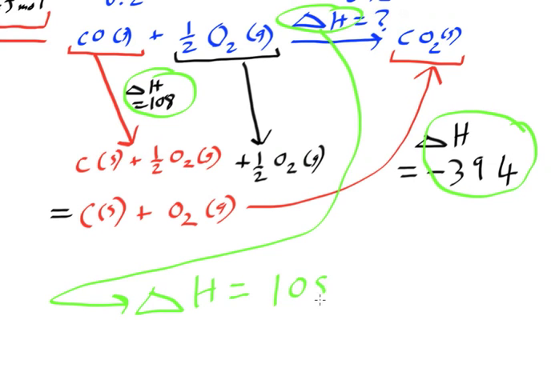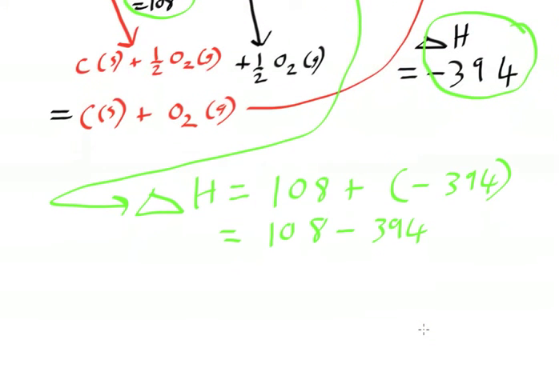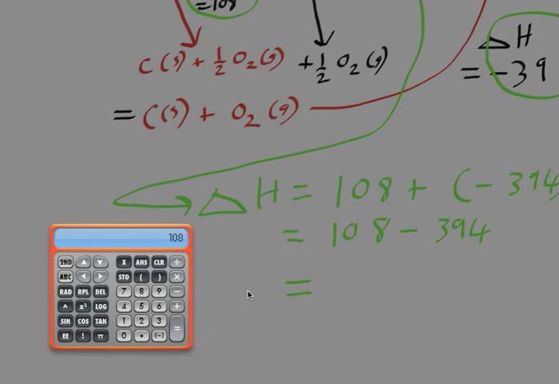So 108 plus minus 394, which is just the same as 108 minus 394, which is, let's go to our calculator again, 108 minus 394 is minus 286.